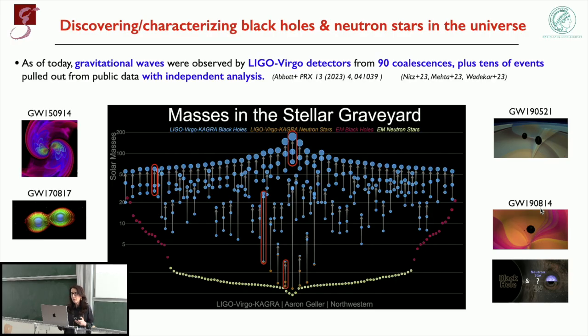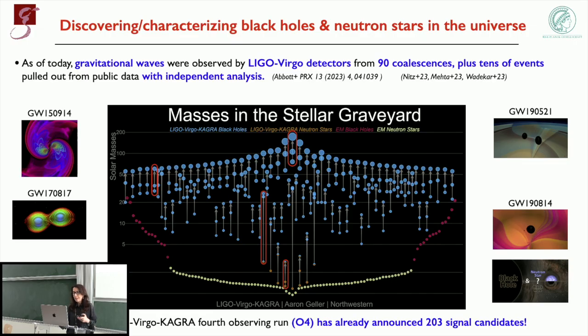I also want to emphasize that besides these almost 100 events observed in the first 3 observing runs, the LIGO, Virgo, and KAGRA collaboration is going through a new run that started 2 years ago and is called O4, and until now has announced 203 candidate signals.